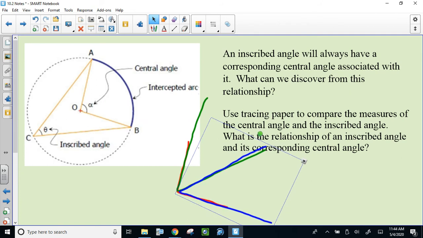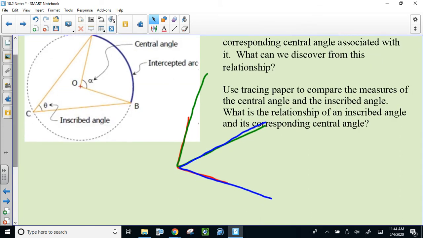There we go. We can see, and obviously I didn't trace that perfectly, but we can see it takes two inscribed angles in order to create that central angle. So kind of like how we did with our volume of pyramids and prisms and how those relate to each other.